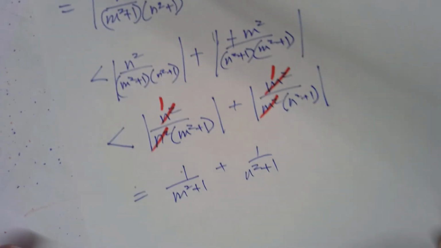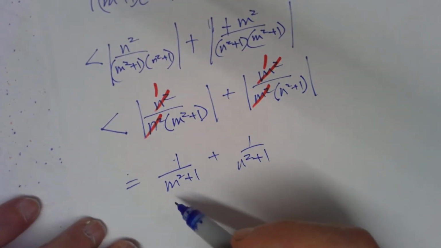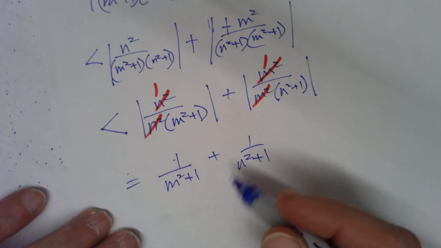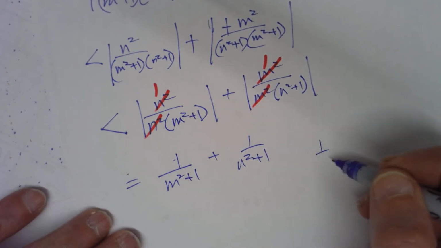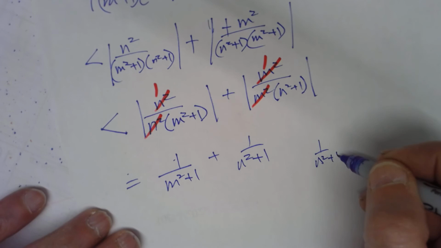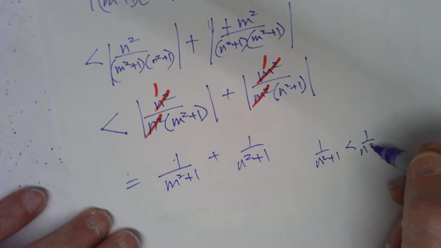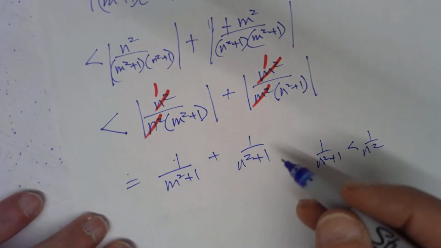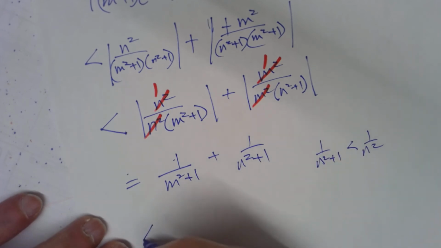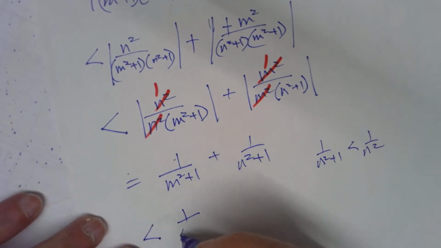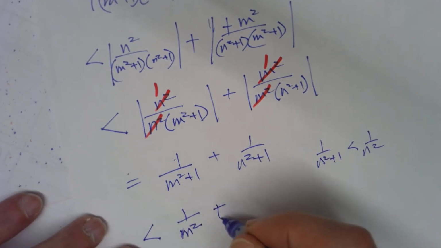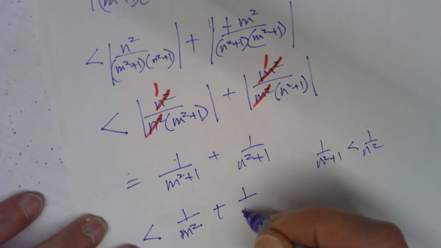Excuse me. So we know that 1 over n squared plus 1 is less than 1 over n squared. And the same thing with m squared. So that's going to be less than 1 over m squared. And then this will be less than 1 over n squared.